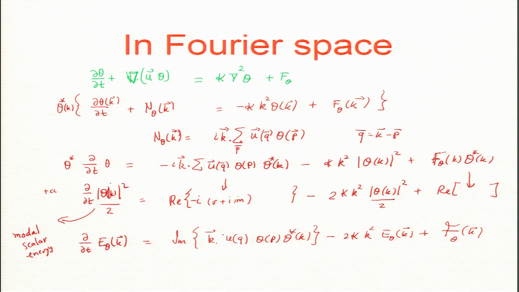Now, this looks very similar to mode to mode transfer, no. So, instead of u p dot u k star, I have now theta p theta star k. Yes. So, this in fact is very similar, and we can define mode to mode energy transfer from this. Make sense?